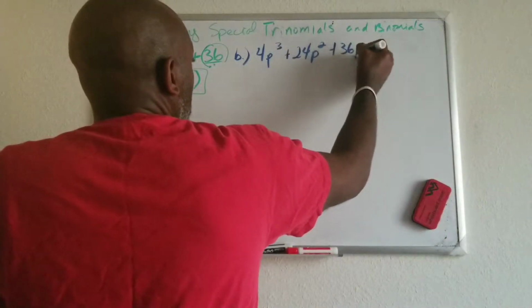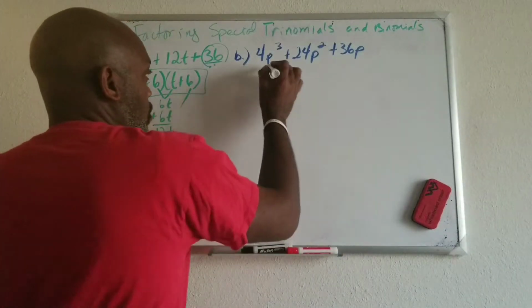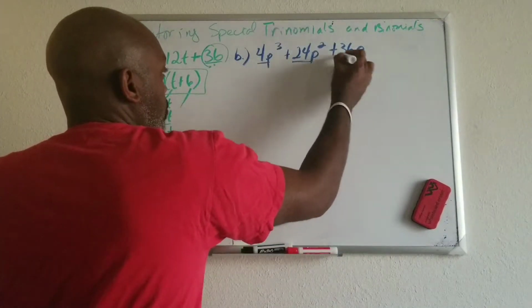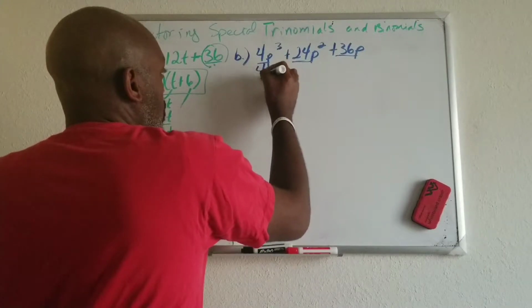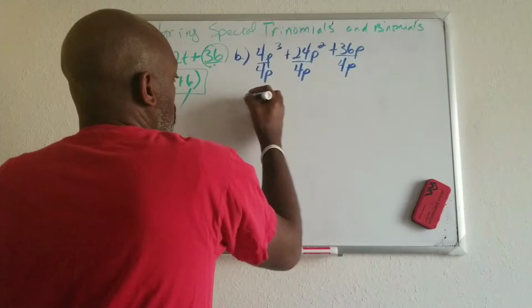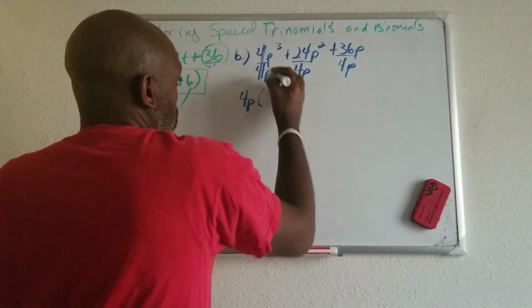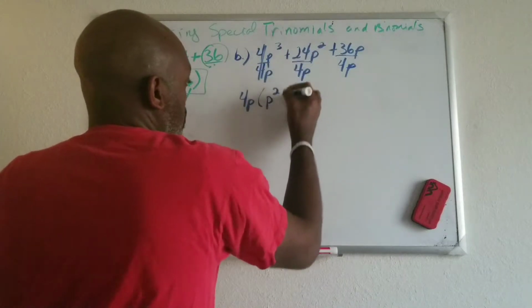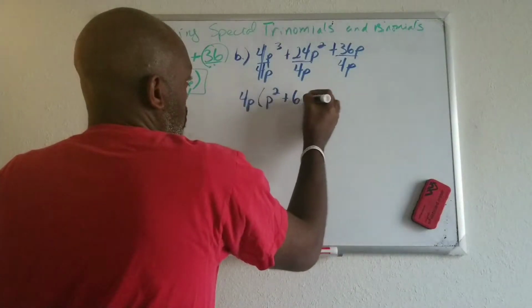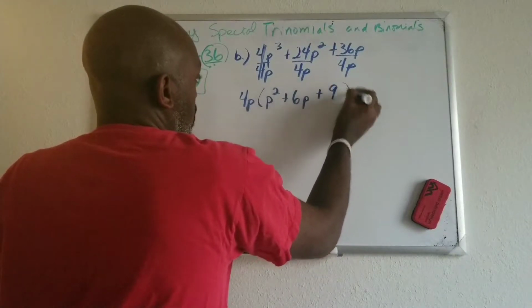All right, so here's another problem. The first thing we have to do, right, is factor out the greatest common factor of each term. It'll be 4p. So we have 4p. We're left with p squared plus 6p plus 9.